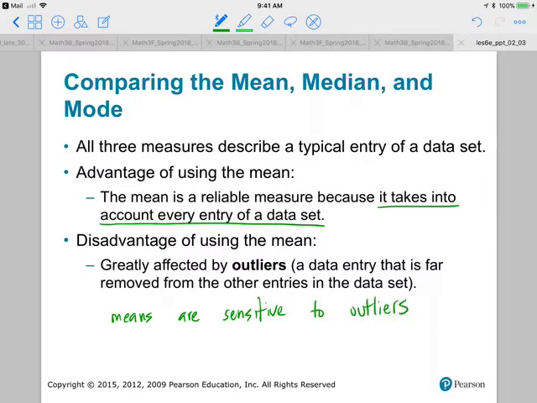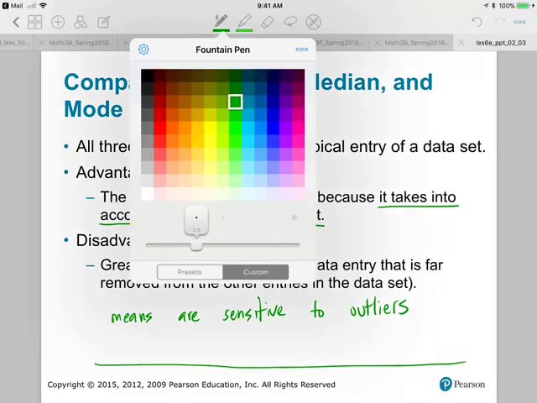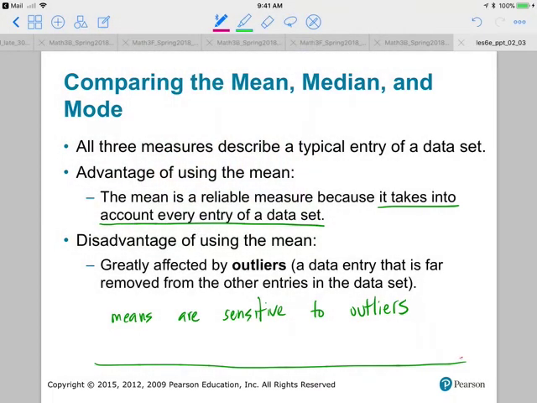What does this mean? If you have an outlier, that is going to skew the mean, right? Perfect example, income in the United States, or wealth in the United States. If you were to ask what is the typical amount of wealth of a person in the United States, it's going to be greatly skewed because you have a relatively few people that have so much money, and everyone else is clustered over here, between $0 and $20,000.